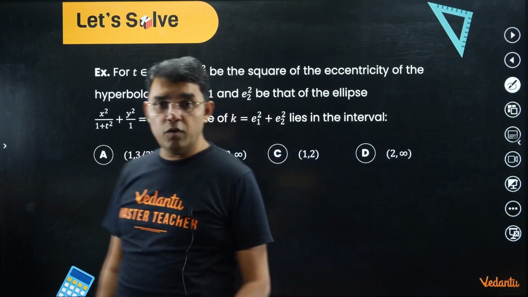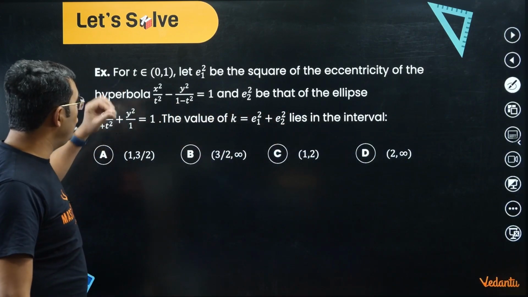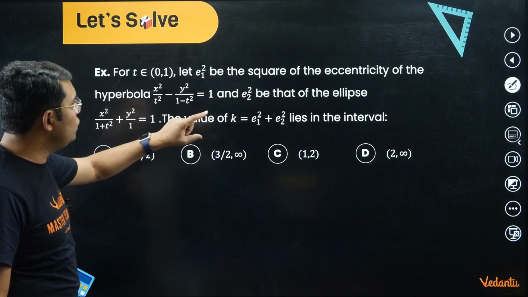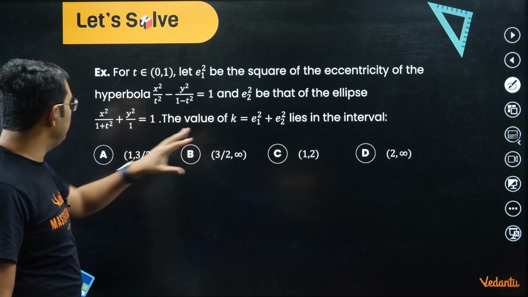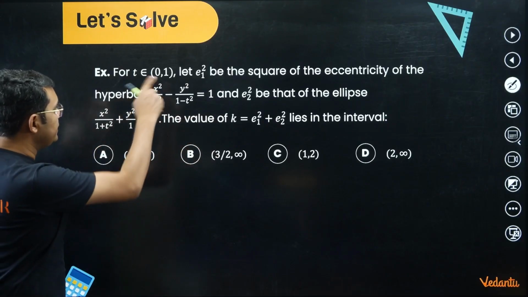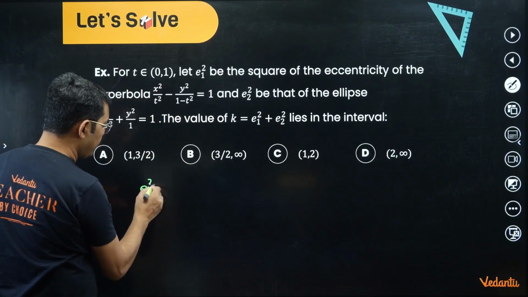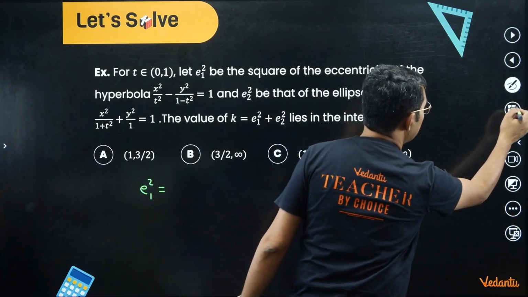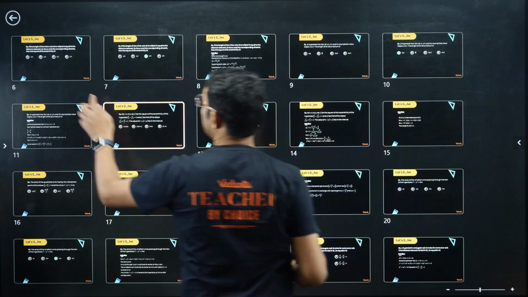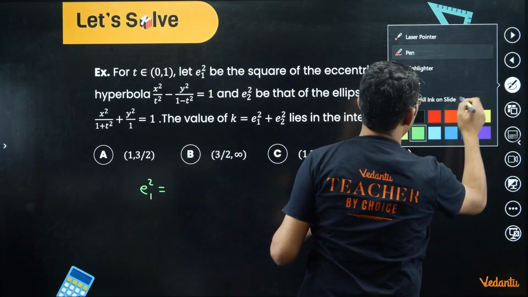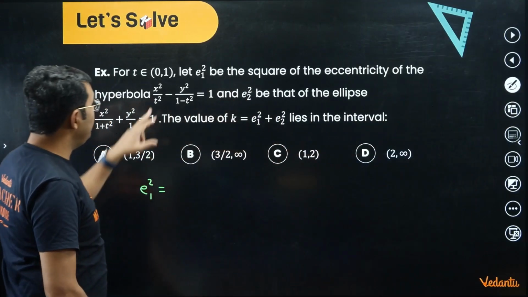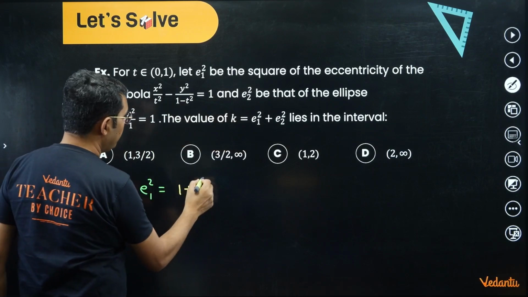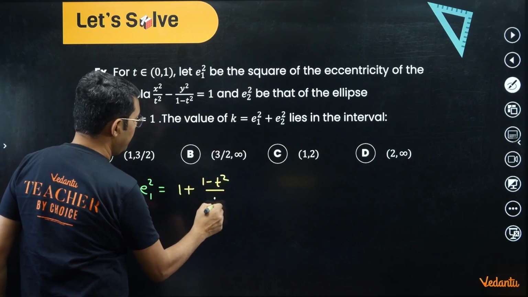It says t belongs to (0, 1), where e1 is the eccentricity of this hyperbola and e2 is the eccentricity of this ellipse. Okay, so in this case you can see e1 square would be, for this hyperbola, 1 plus b square upon a square.